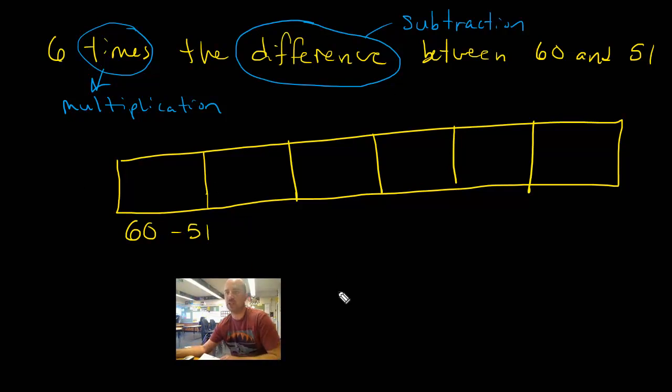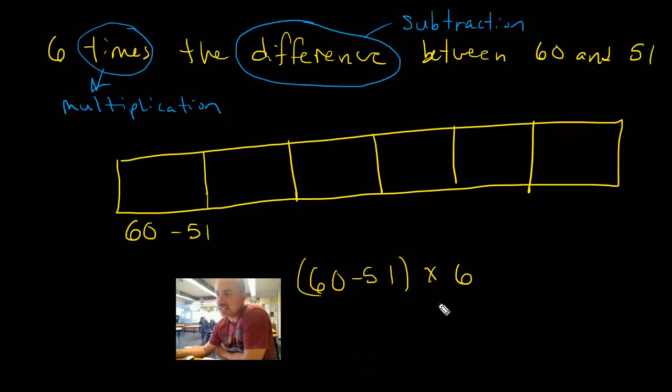So how could I write a numerical expression for this? Well, I'm doing 60 minus 51, and I'm doing that 6 times. And the commutative property says that I could put it in any order, and that is just fine and dandy, right?